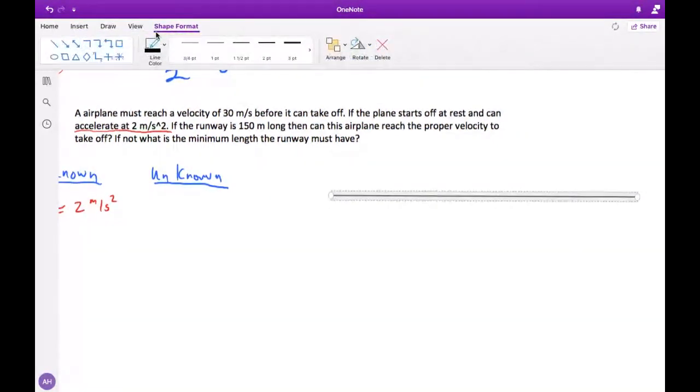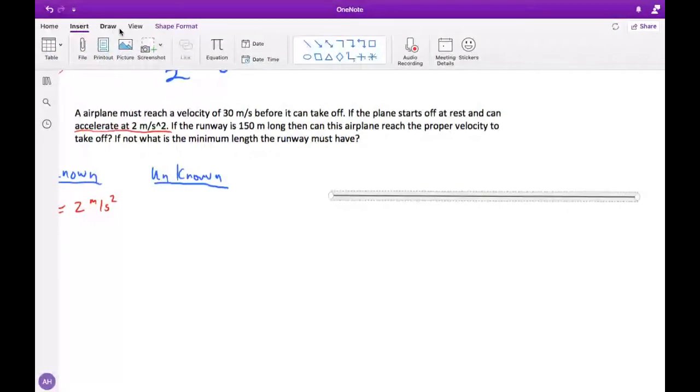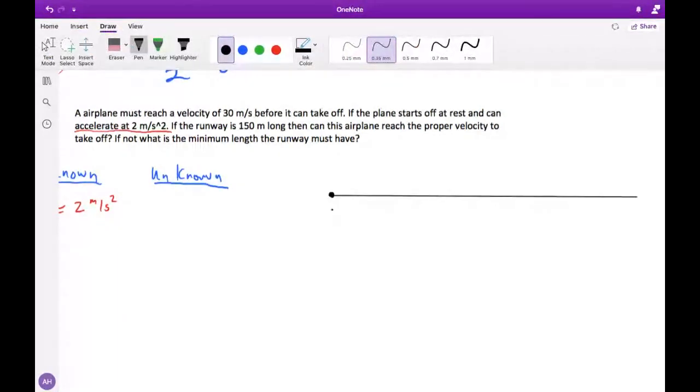So this would basically be our runway. We could say right here is x naught, which would be 0. Over here would be x final, which would be 150 meters.